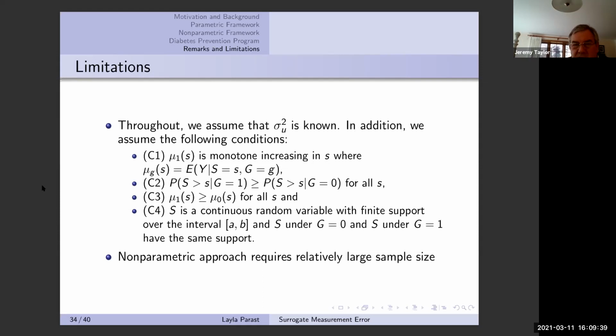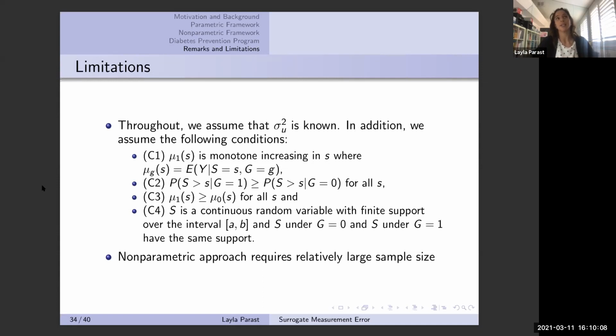So C1, C2, and C3, can't you estimate those quantities from the data and get a sense of whether they're satisfied, or does the measurement error stop you being able to estimate them? Here I think you would need to basically try to correct for measurement error in doing those assessments. But I have done what you're saying in other settings where I'm assuming there's no measurement error.